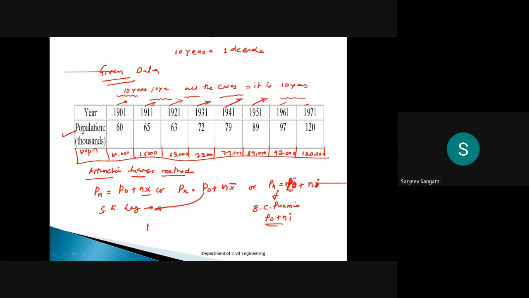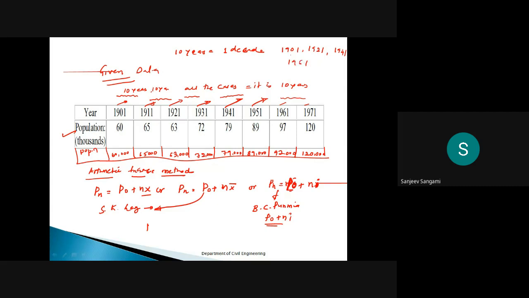So directly he will give 1901 to 1921. Then he will skip, and sometimes 1941 he will directly give, then 1961.